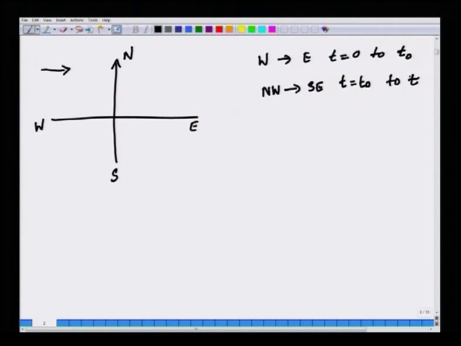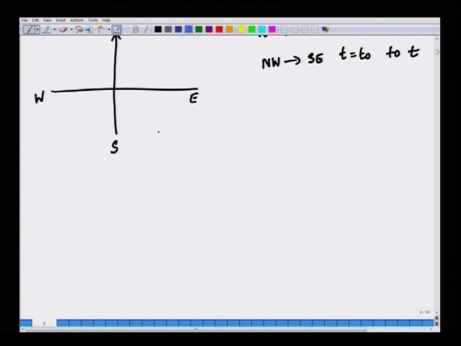So, this is an inherently unsteady flow, because you have the wind direction changing abruptly at some time t naught. First we are now going to visualize this flow by streamlines, which I will denote by blue, path lines by black, and streak lines by red.